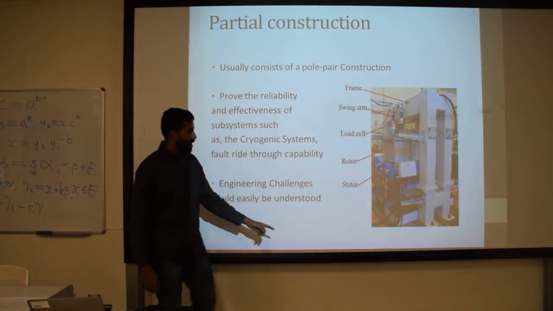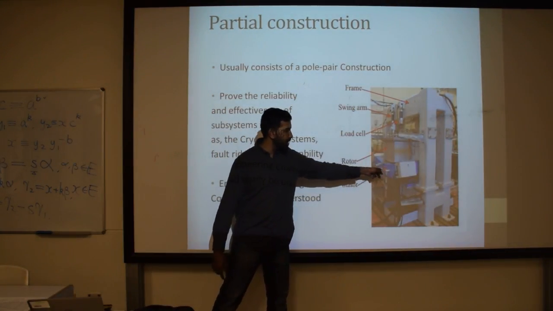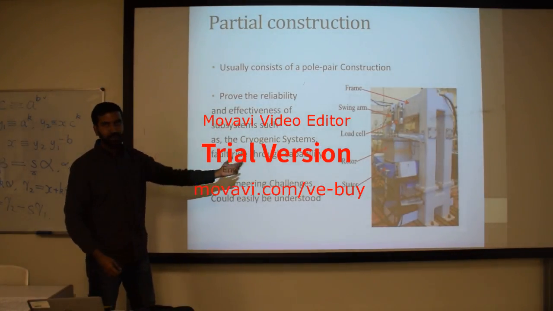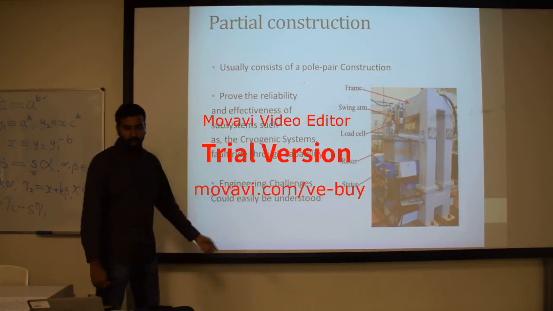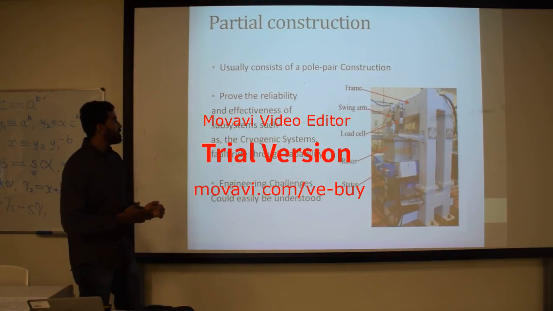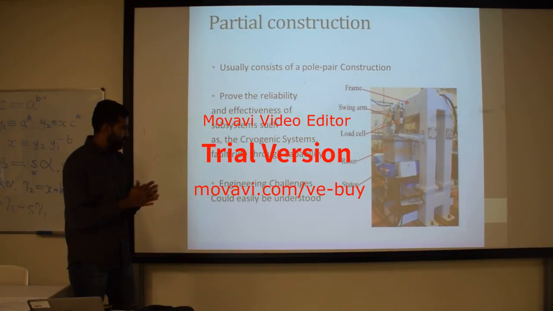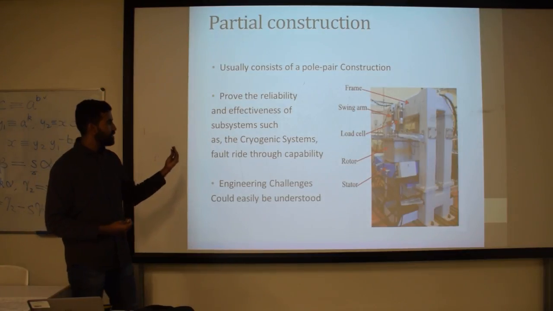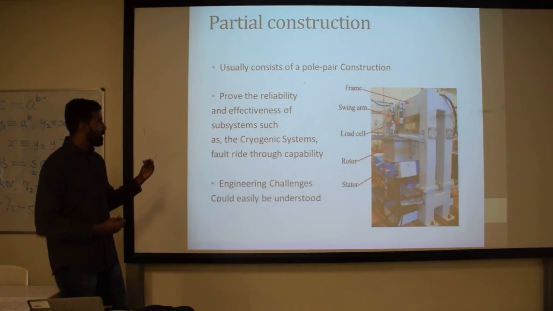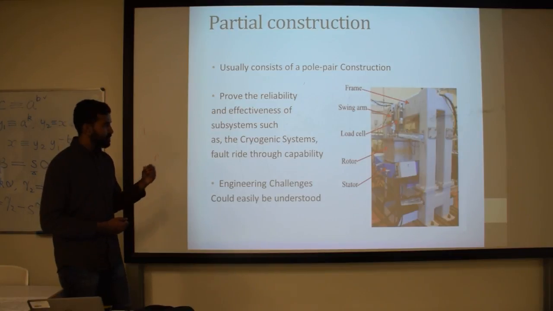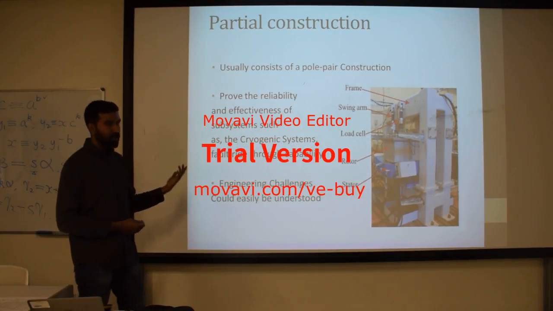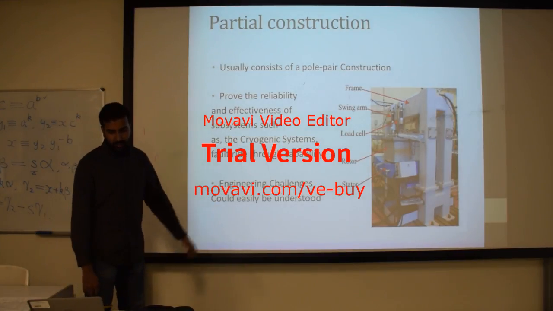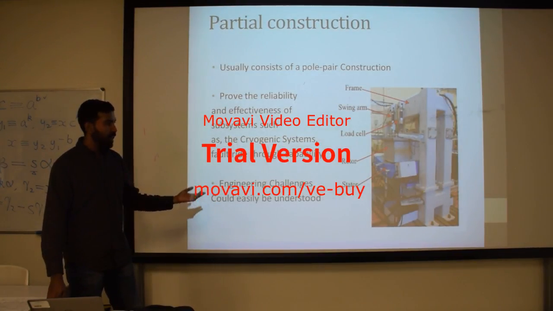So this part is only a section of the rotor and stator of the full scale generator, and this method allows the engineering challenges of the subsystems, such as the cryogenic systems and the fault ride-through capability, to be assessed reliably and effectively. So the engineering challenges of the full-scale model could be easily identified through this model.